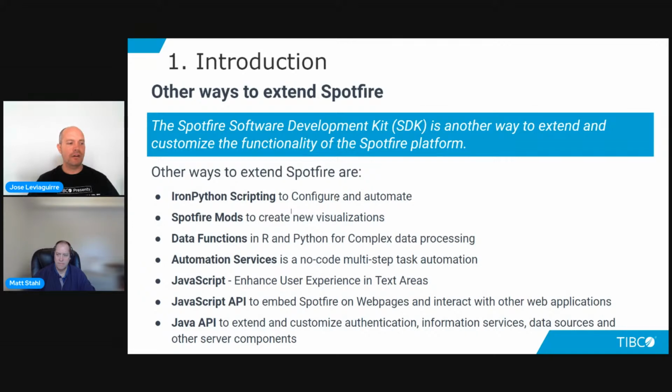Then we have data functions. You can extend Spotfire functionality with data functions, creating code in R or Python. Automation Services is a no-code multi-step task automation. You can think of it as a macro type of thing.